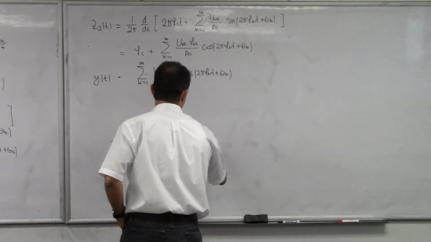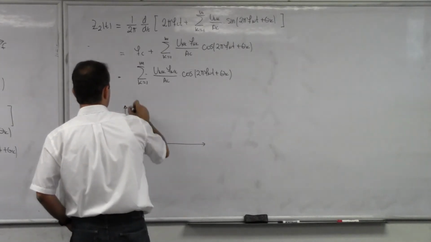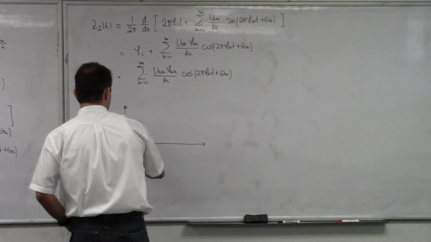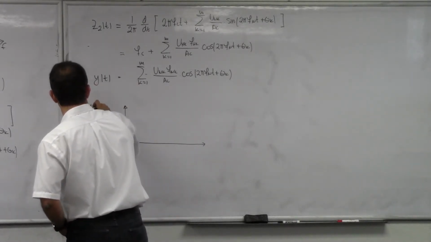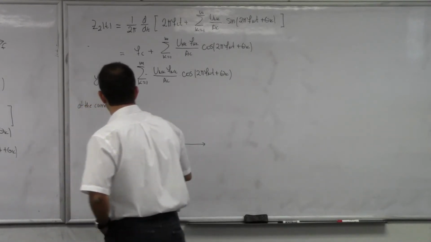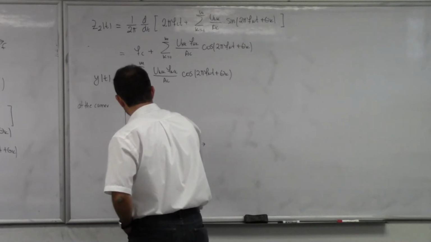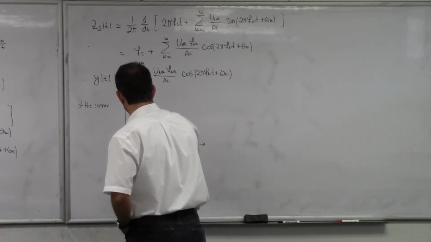Let's look at what happens here. This is your carrier, at the carrier frequency. There's a carrier AC, and let's say 3 small parasitic components. This one is Fn1.